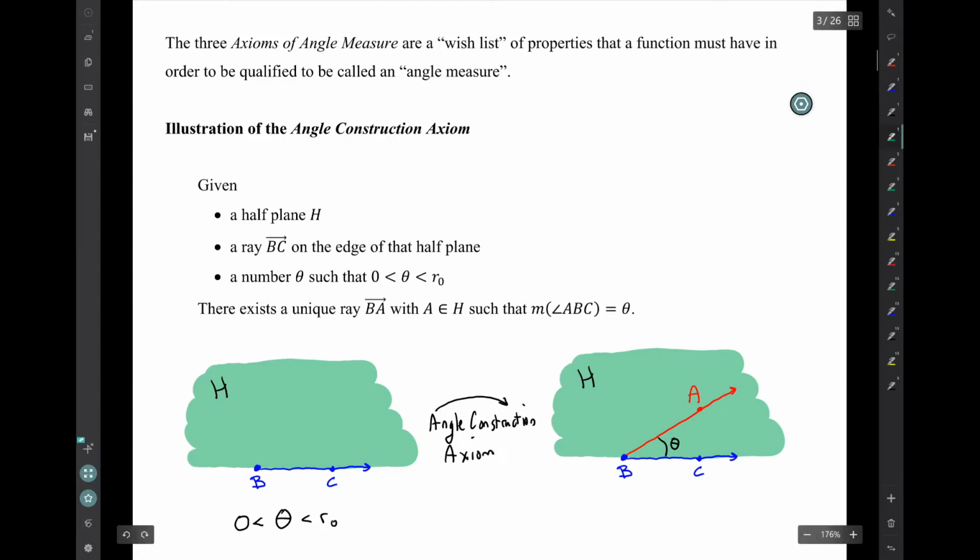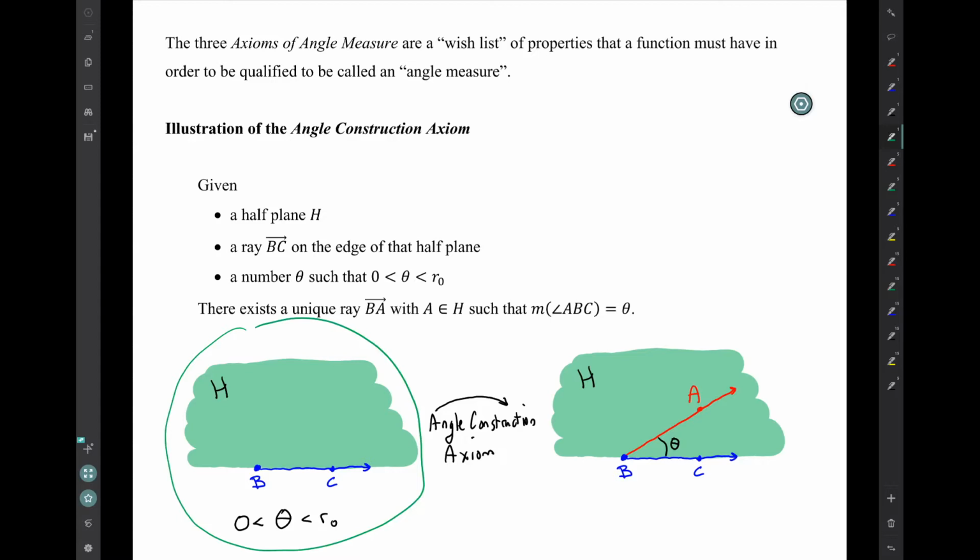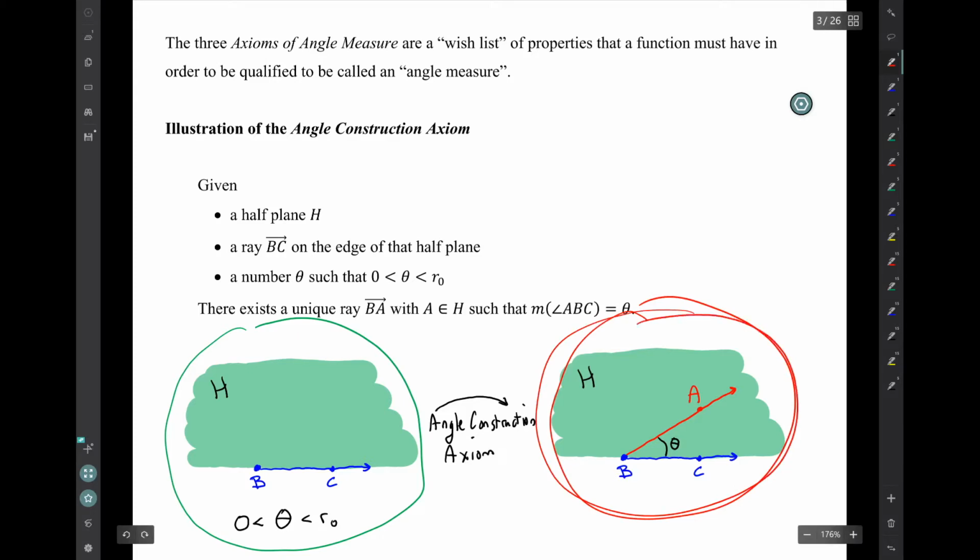It shows that if you're given all this stuff, a half plane H, a ray BC on the edge of that half plane, and that number theta in that range, then there exists a ray BA that satisfies this property. That is, point A is in that half plane, and the measure of that resulting angle is that number theta.